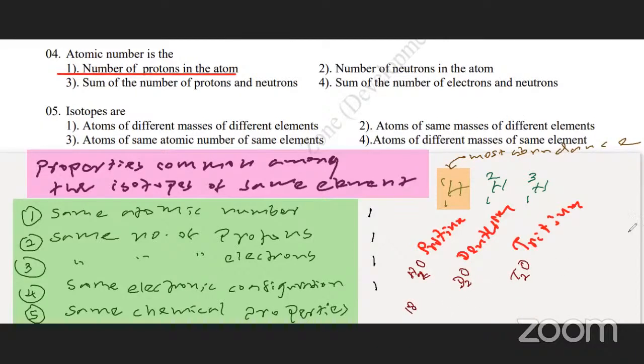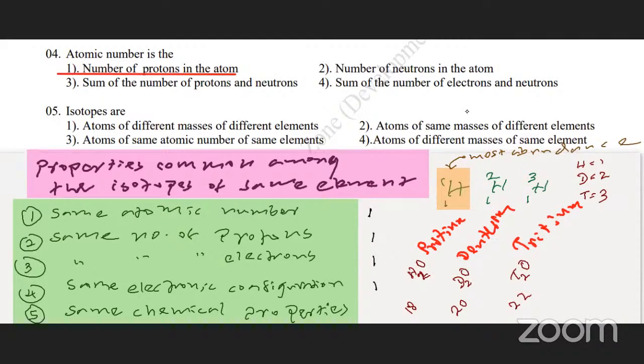But if you take D2O, D has relative atomic mass 2, hydrogen is 1, and tritium has mass number 3. For D2O, 2 into 2 is 4, 4 plus 16, you get 20 as the relative molecular mass. Then tritium T2O gives 22. Now you can see what is different among isotopes.